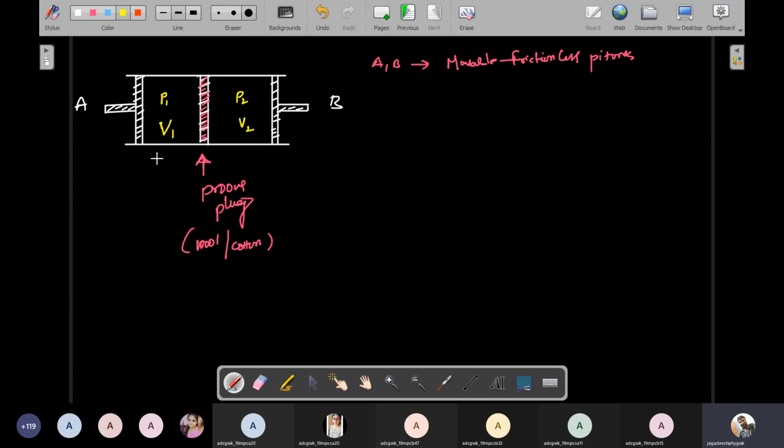So the first chamber maintains a high constant pressure. This is chamber 1 and this is chamber 2.